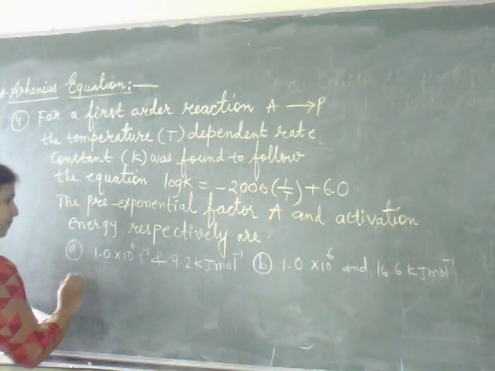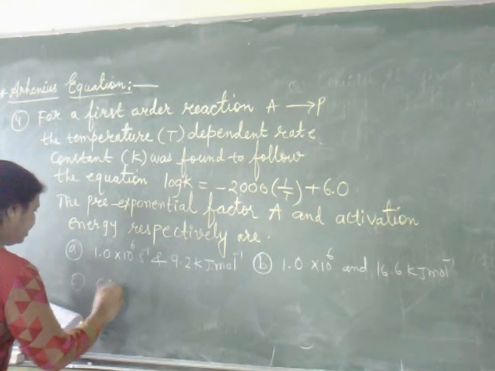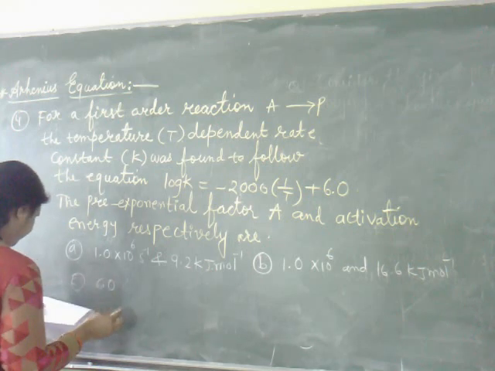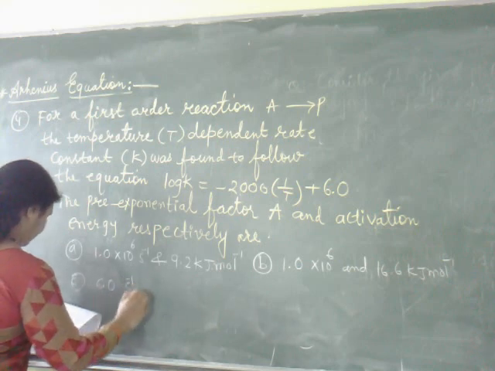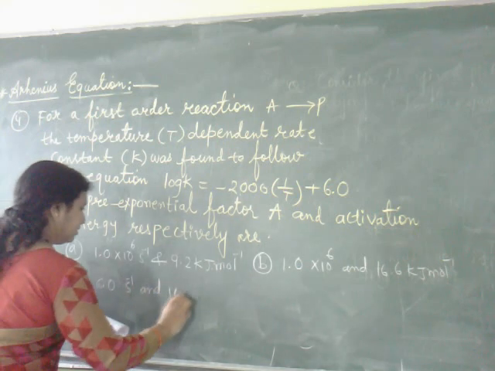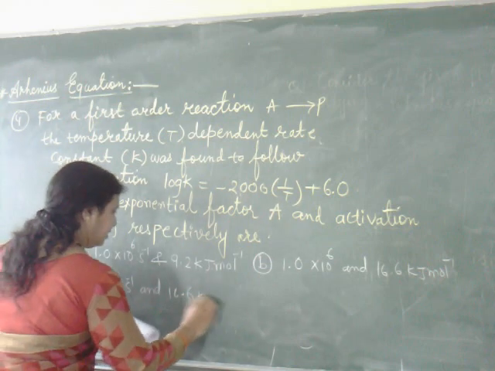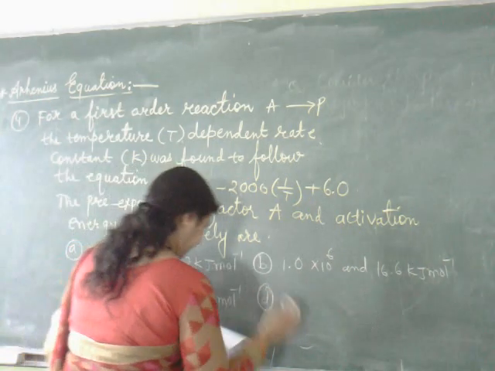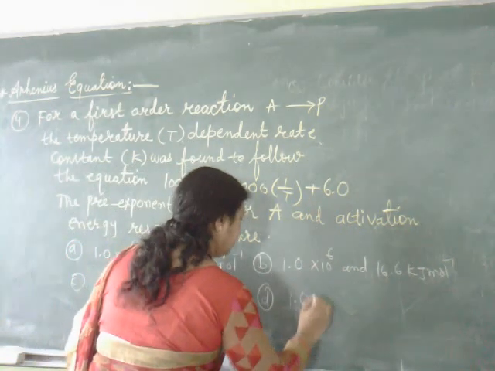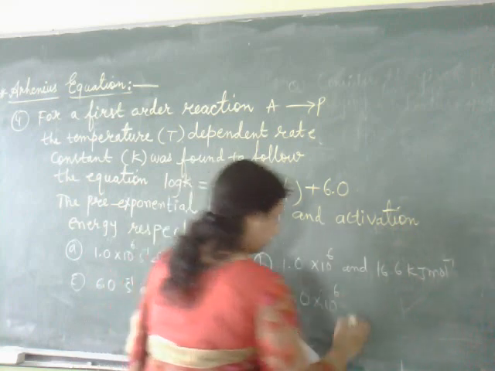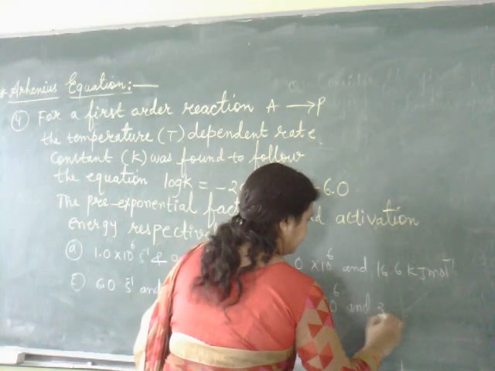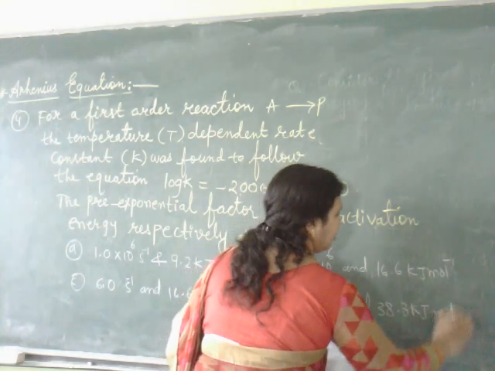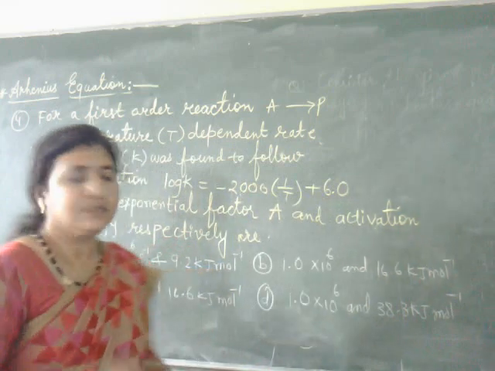Next, C, 6.0 per second and 16.6 kilojoule per mole, and D is 1.0 into 10 to the power 6 and 38.3 kilojoule per mole.